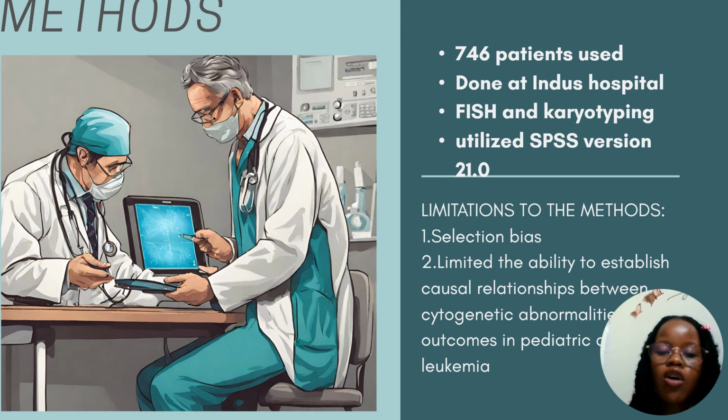Of course, there are limitations to the methods that are used in the study, such as selection bias, as the study included patients from a specific hospital or region, leading to potential selection bias, thus limiting the applicability of the results to a broader population. Also, it limited the ability to establish causal relationships between cytogenetic abnormalities and outcomes in pediatric acute leukemia.